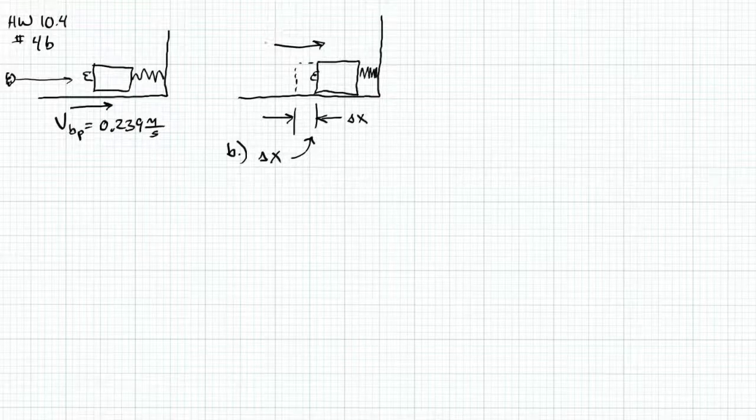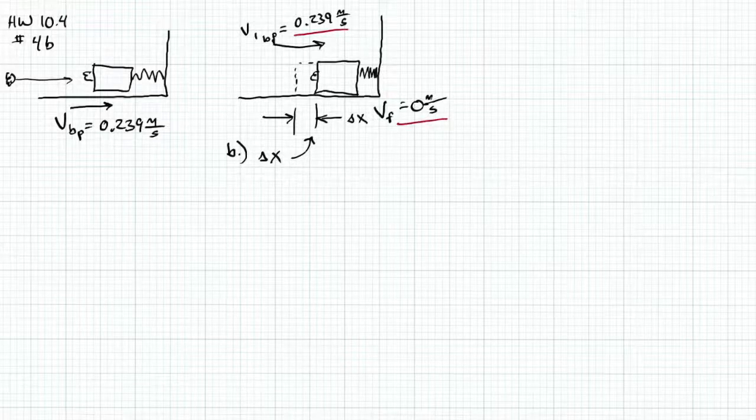So if we transfer that over here, the initial velocity of the block and putty is 0.239 meters per second. And once it's all the way compressed as far as it can, the final velocity is going to be 0 meters per second. Okay, so we're solving for this displacement right here. How far will it displace going from 0.239 meters per second to 0?